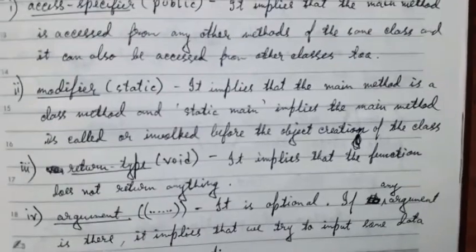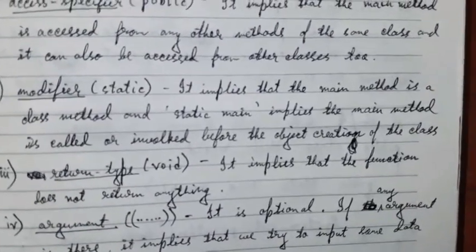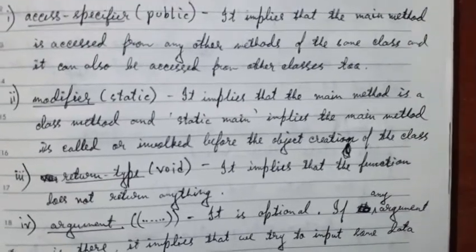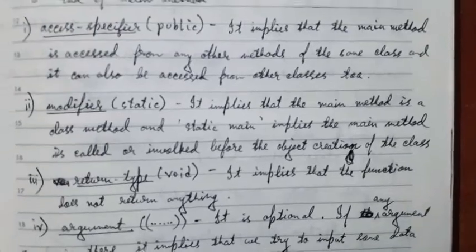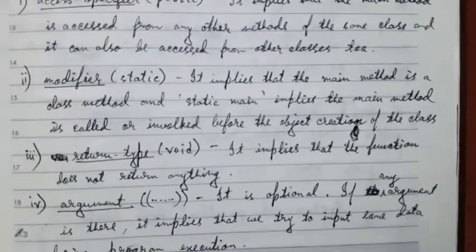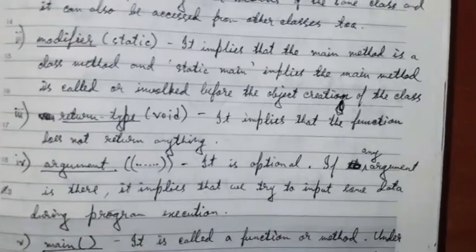For example, if we declare an object and call another function, we don't need to give the static keyword, otherwise we have to give the static keyword. Okay, I'll tell you in a later part of this course.